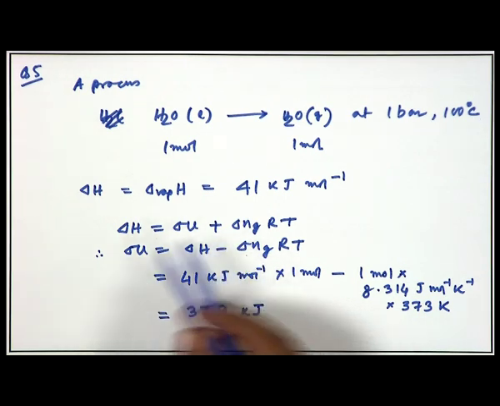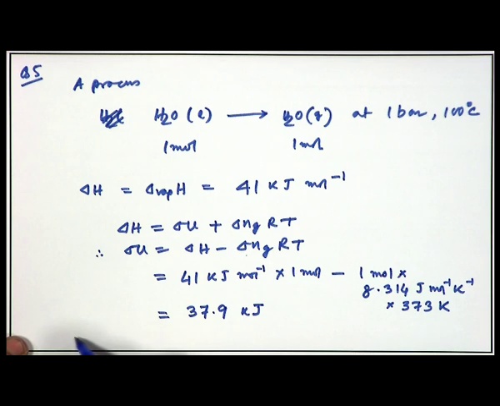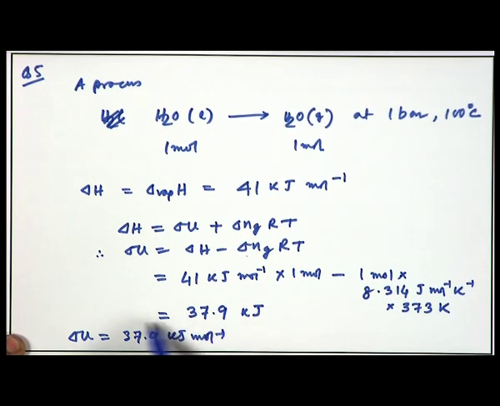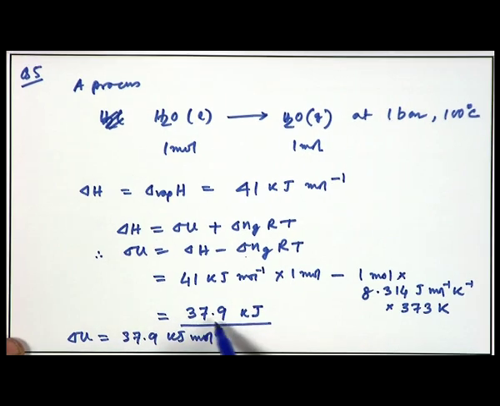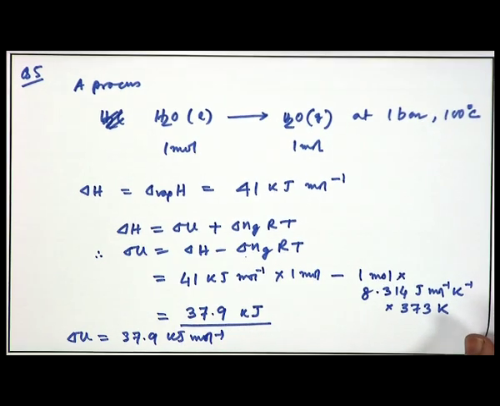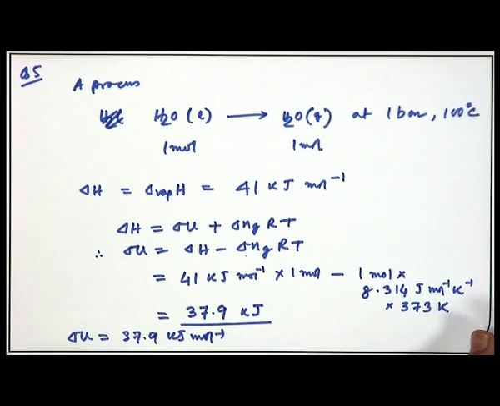Because you are doing it for 1 mole, you can write that delta U for vaporization is 37.9 kilojoule per mole, but this is your answer. 37.9 kilojoule is the change in internal energy for vaporizing 1 mole of liquid to 1 mole of gas.